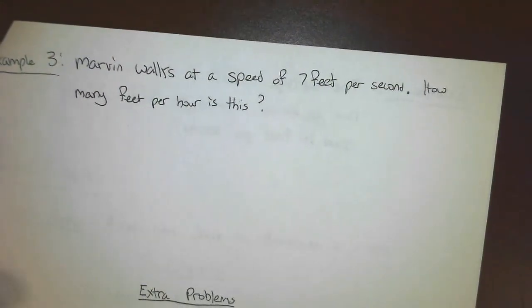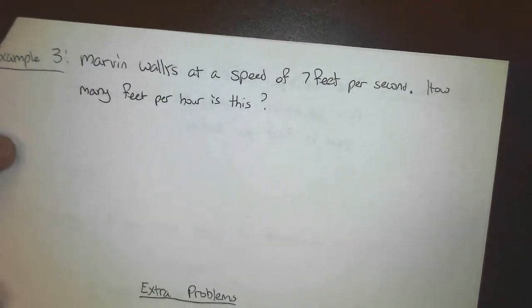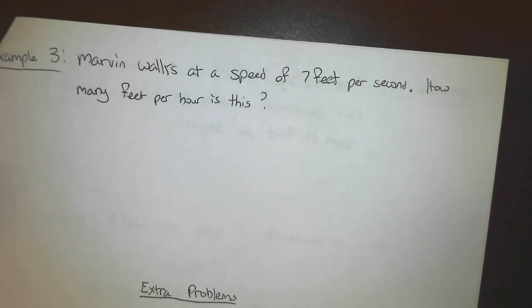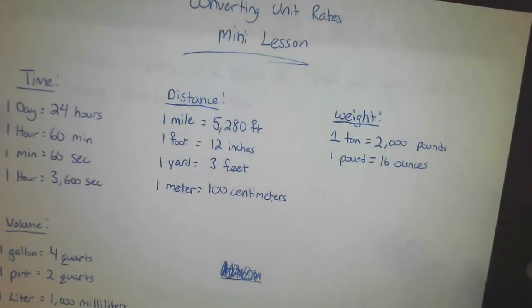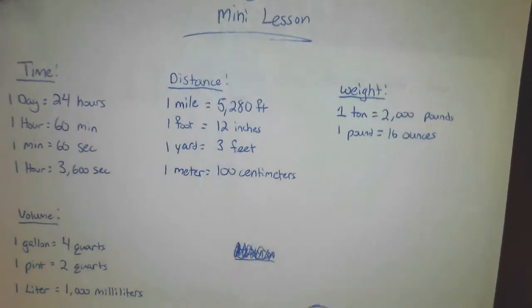Example 3. Marvin walks at a speed of 7 feet per second. How many feet per hour is this? So I'm going to look real quick and see if I have how many seconds are in an hour.